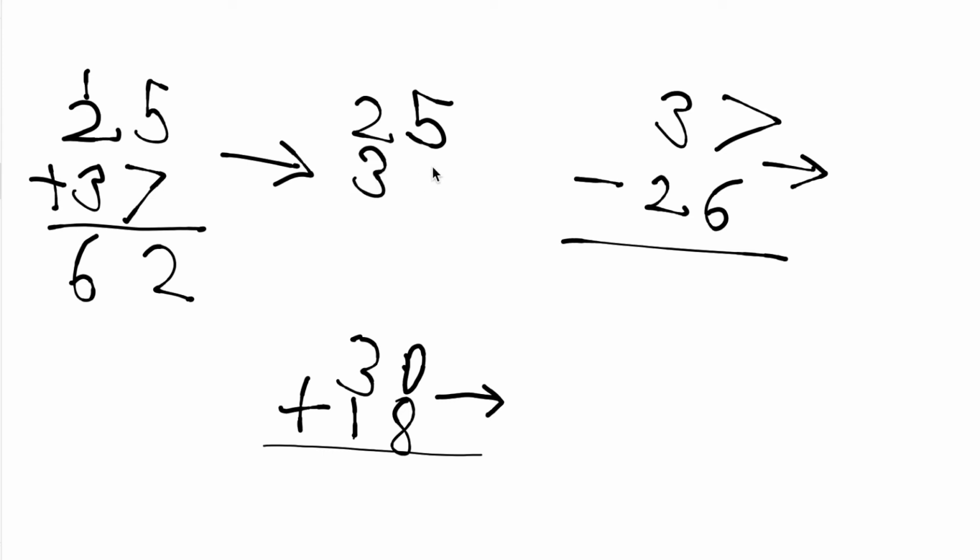Put 35 here. And we have to add them. So 5 plus 5 is 10. So we put 10 right here. 1 plus 2 is 3. And 3 plus 3 is 6. So the answer is 60, and it's really close to 62.